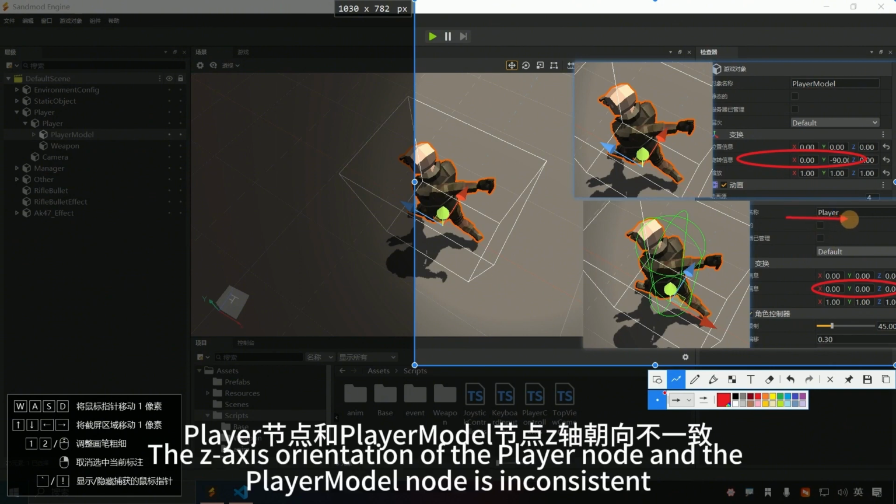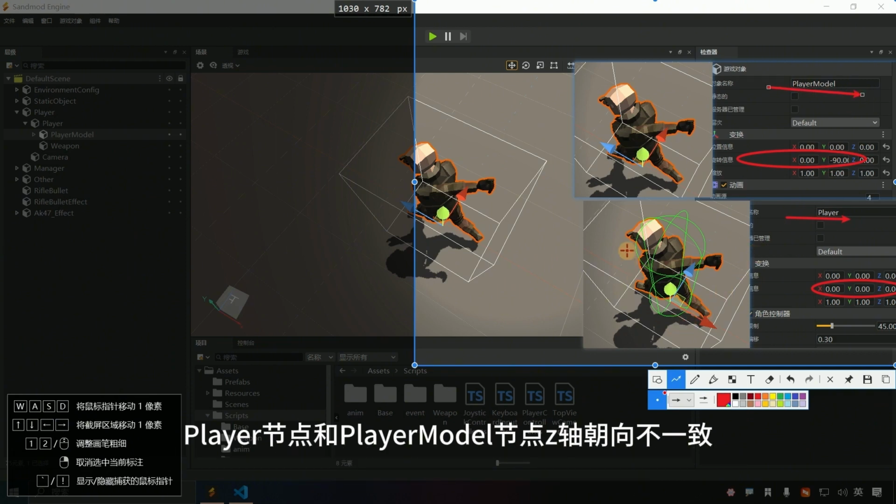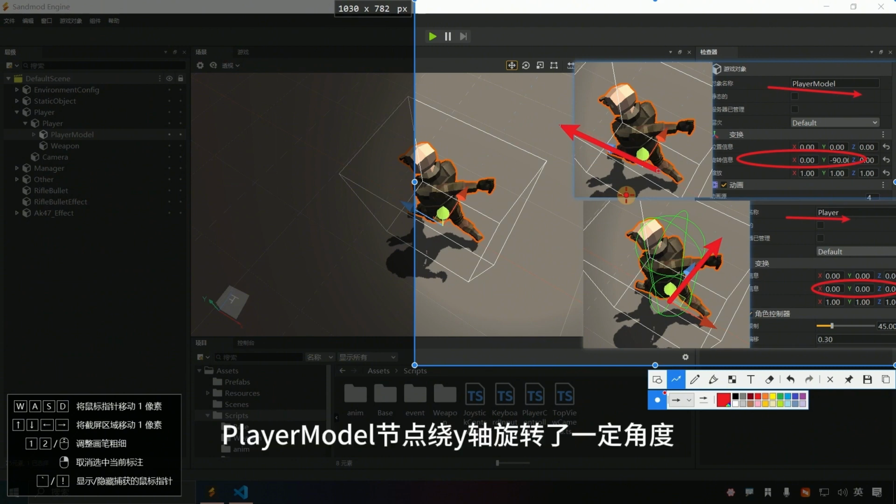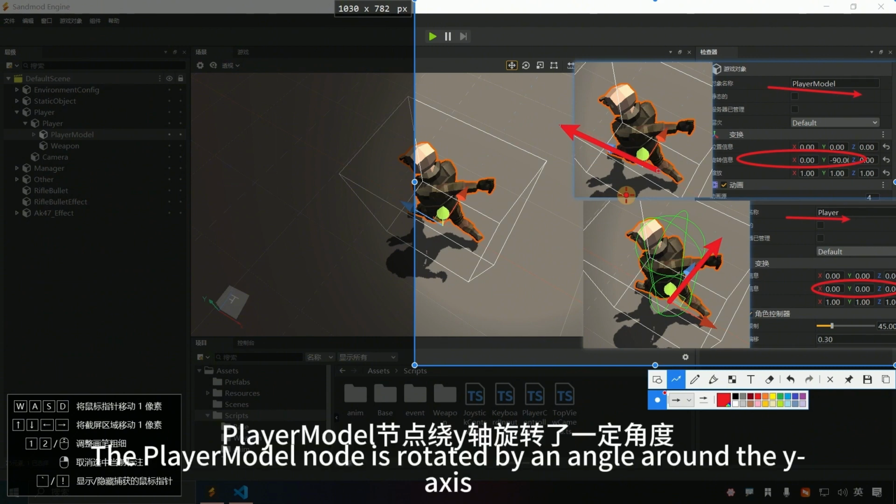The z-axis orientation of the player node and the player model node is inconsistent. The player model node is rotated by an angle around the y-axis.